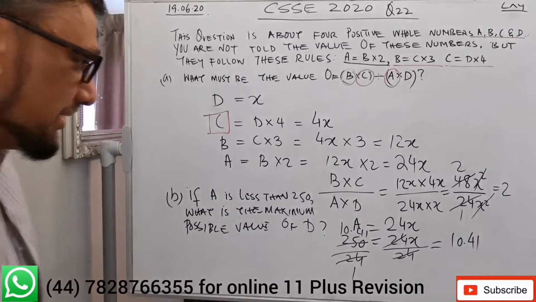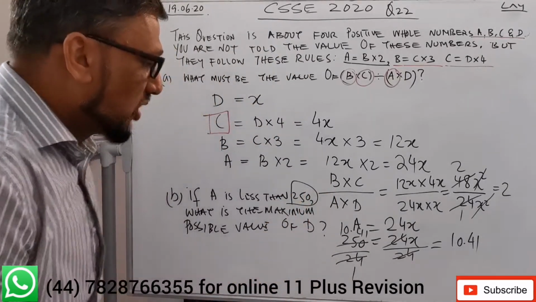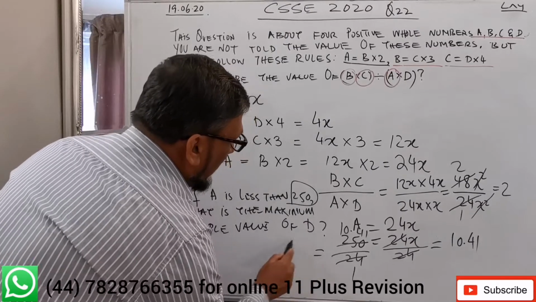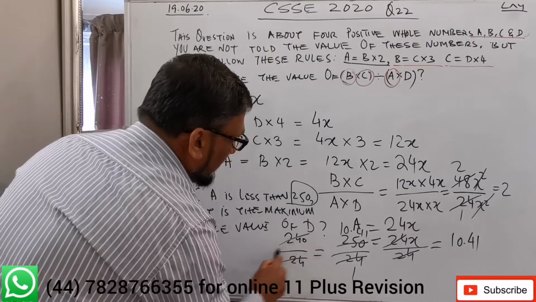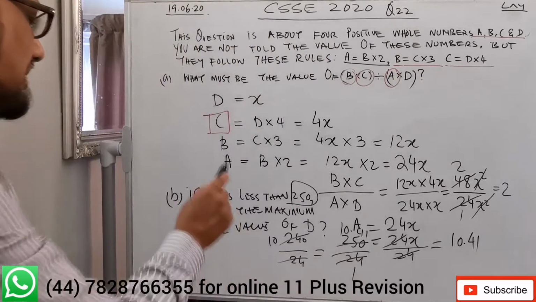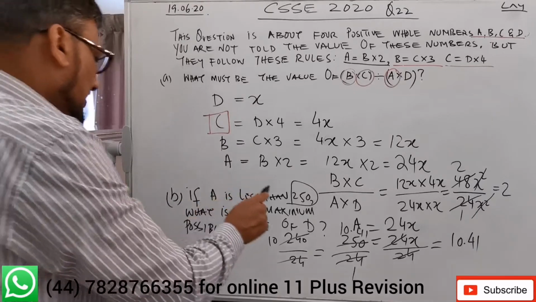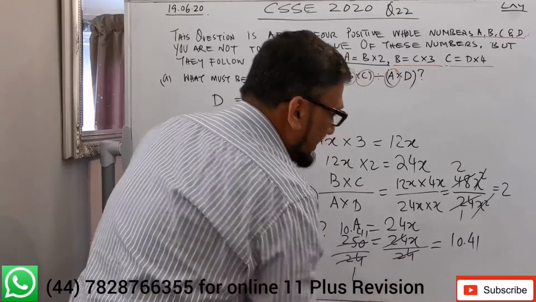But the examiner asked for less than 250. So if I put 240 divided by 24, it divides completely by 10. So the maximum possible value for D will be 10.